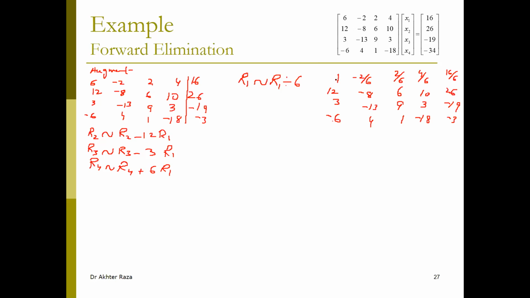Because if it is 6 and I add this 6 to -6, this will be 0. So after these 3 row operations, these 3 elements become 0. So I can write down directly here 1, 0, 0, 0, because these 3 elements become 0 after this. There will be no change in row number 1. So I can write down row number 1 directly according to that, -1 by 3. This is 1 by 3.